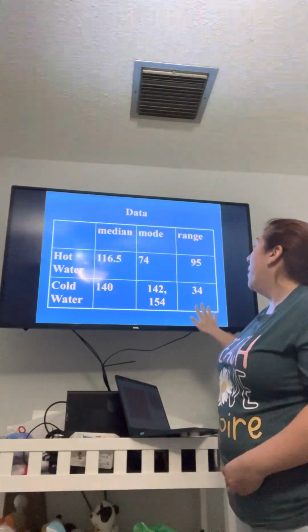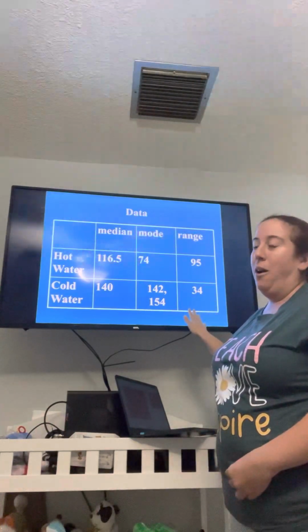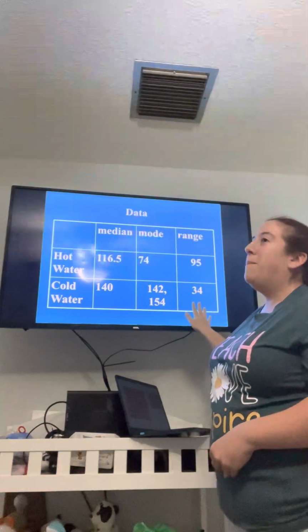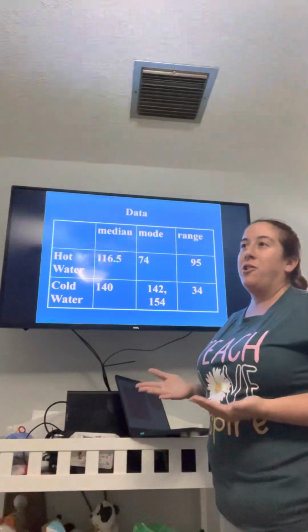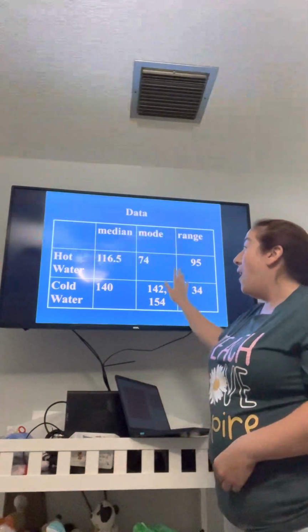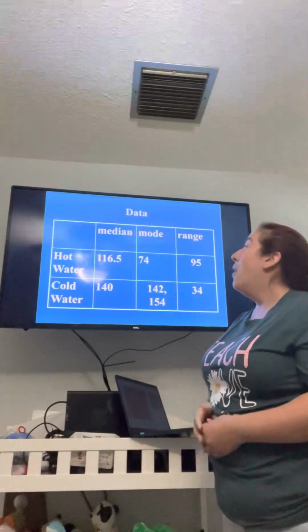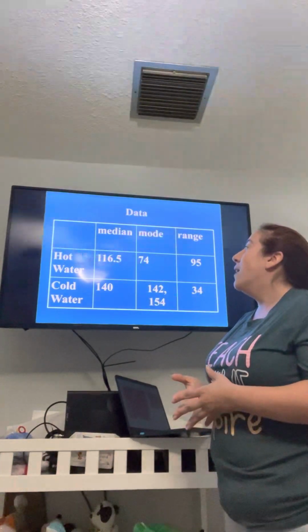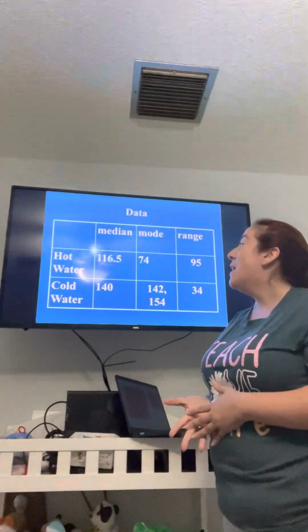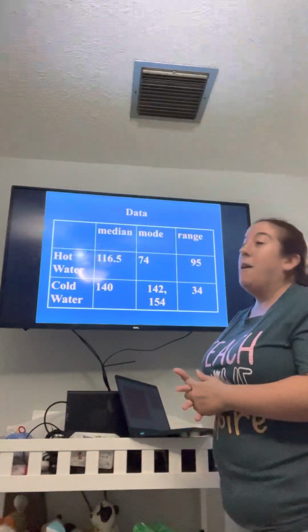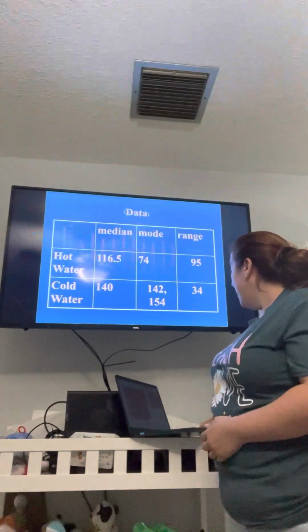And for the cold water it was actually only 34. So the cold water temperatures didn't have as much of a range as the hot water, but the median amount of time it took for the hot water was only 116.5 seconds, whereas for cold water, it was 140 seconds.